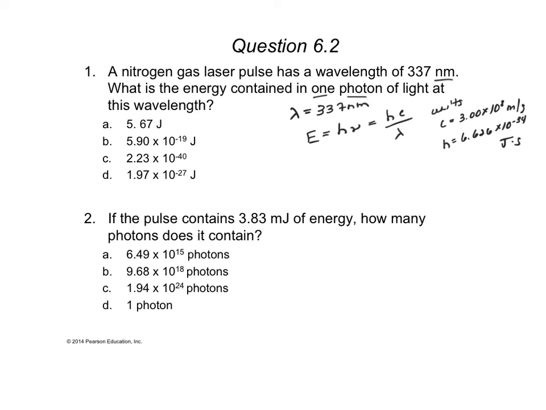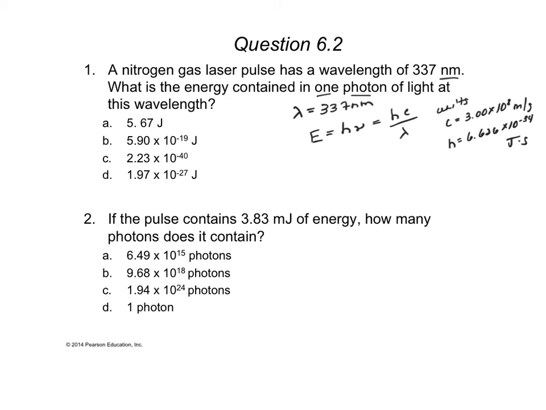And then in the second question, it gives you the total energy of a pulse. This total energy is 3.83 millijoules, so that's 10 to the minus 3 joules. And they want to know how many separate photons this pulse of energy contains. So up here, you're going to be solving for the energy of one photon, and this should be a small number.